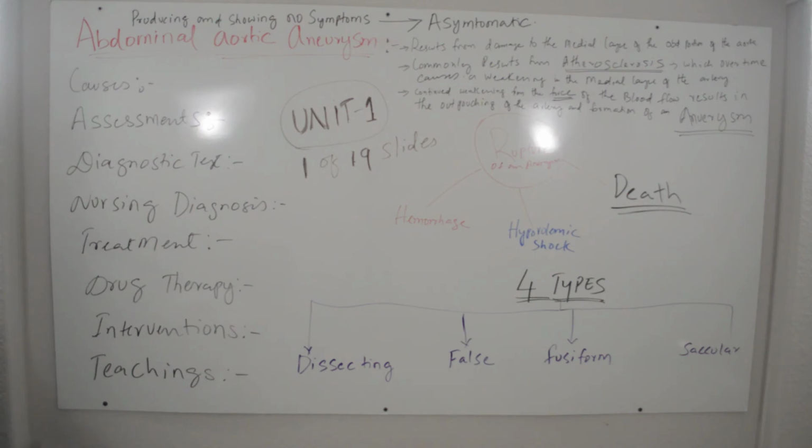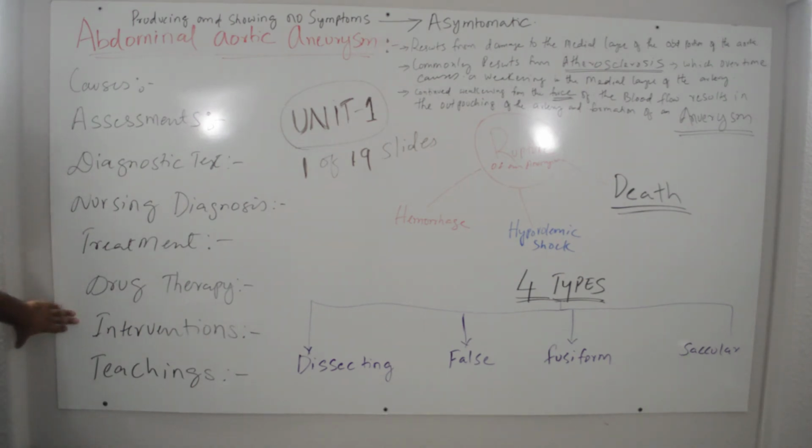Now, what are the interventions for abdominal aortic aneurysm? Observe the client for signs of hypovolemic shock for aneurysm rupture. Signs such as anxiety, restlessness, severe back pain, decreased pulse, pale, cool, moist, clammy skin, to detect early signs of any compromise.